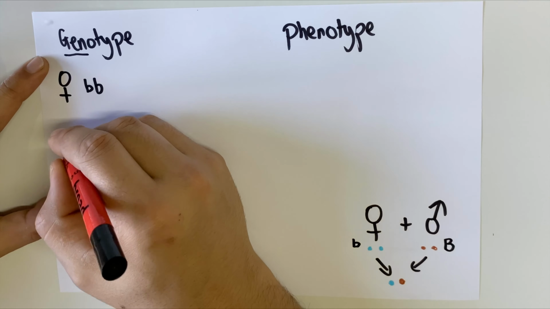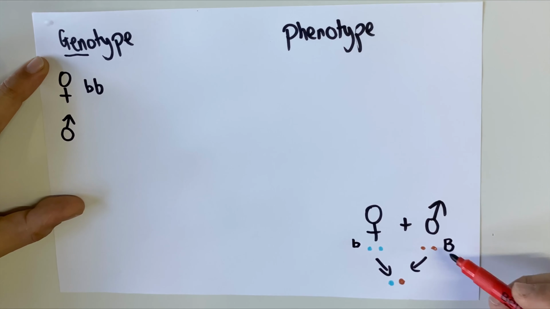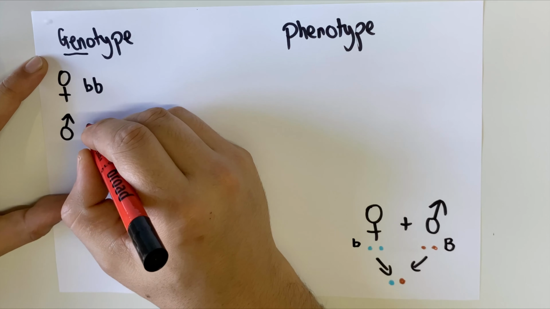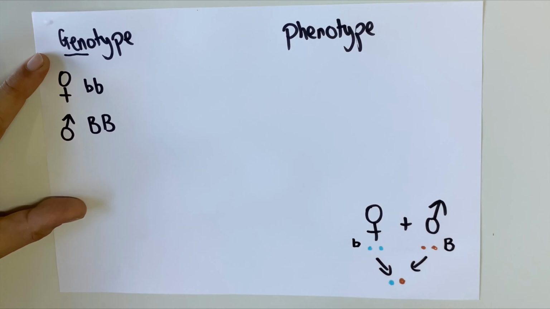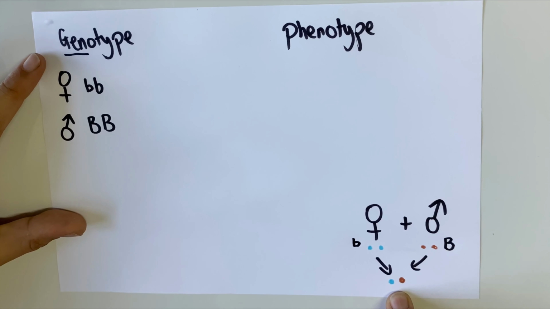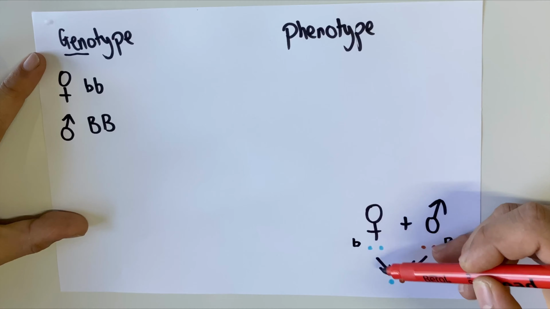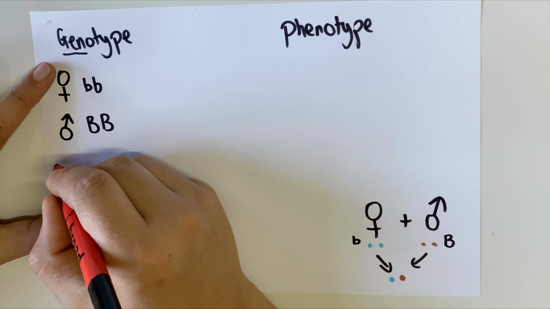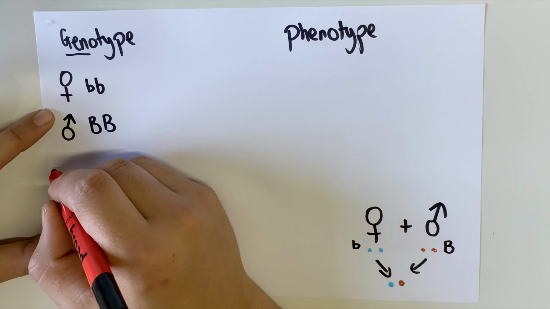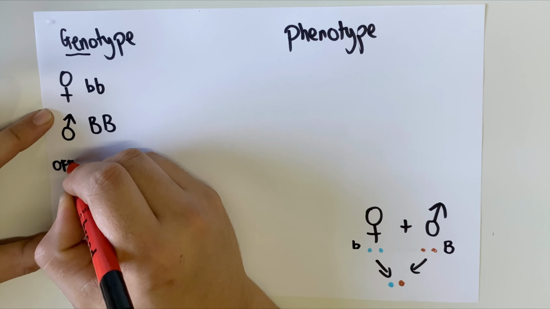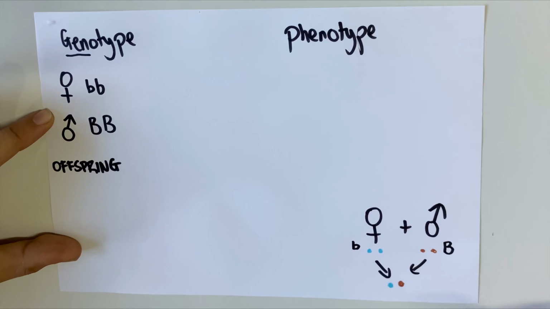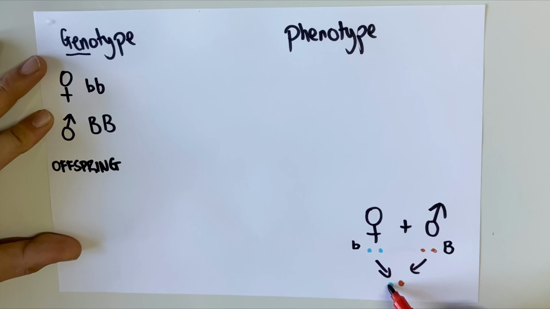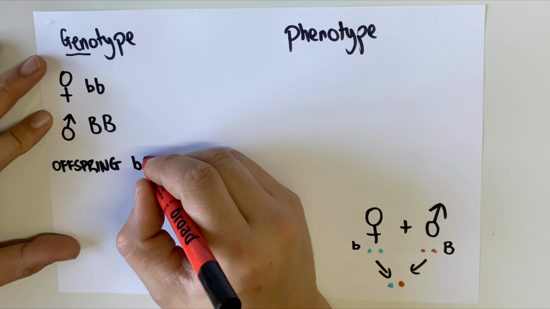The male, on the other hand, has 2 copies of the brown-eyed gene, which we've given the letter capital B. So the genotype, the genes the male is carrying, are big B, big B. The offspring inherited 1 blue from mum, so little b. Let's actually write offspring. The offspring in this case would have 1 little b from mum and 1 big B from dad.